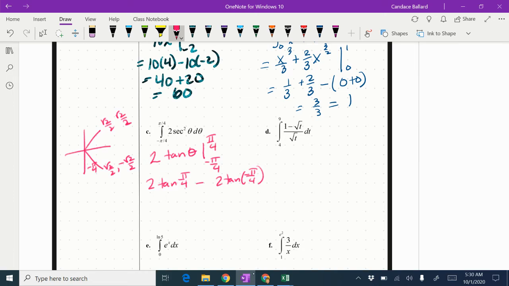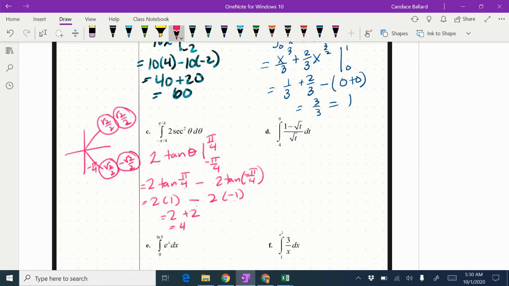So the tangent of pi/4 would be square root of 2/2 divided by square root of 2/2, so it's just 1. The tangent of -pi/4 would be negative square root of 2/2 divided by square root of 2/2, so it would be -1. So we end up with 2 times 1 is 2, -2 times -1 is +2, so overall we get 4.